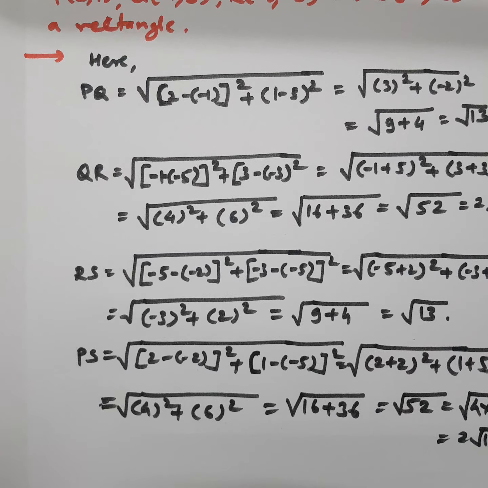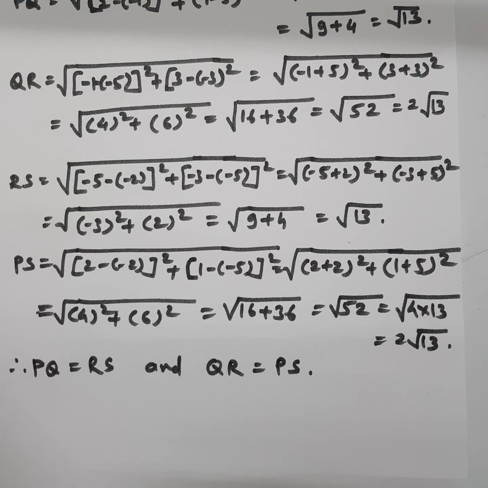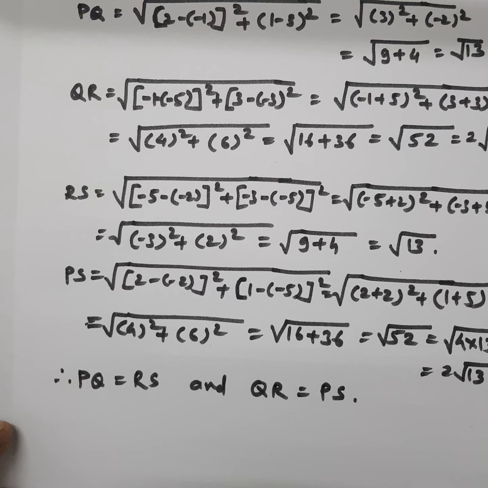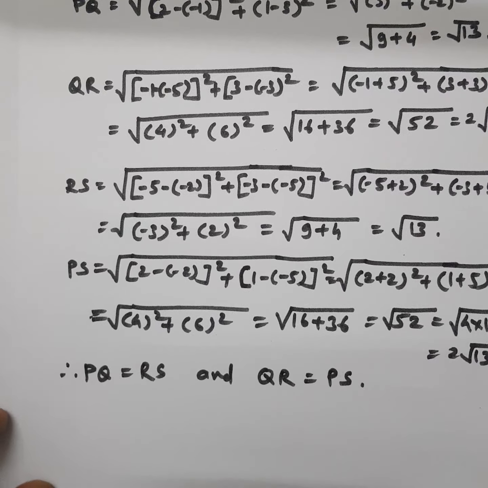Means opposite sides are congruent. It may be a parallelogram or a rectangle. Therefore, to show that the quadrilateral is a rectangle, we must find the diagonals of the quadrilateral.